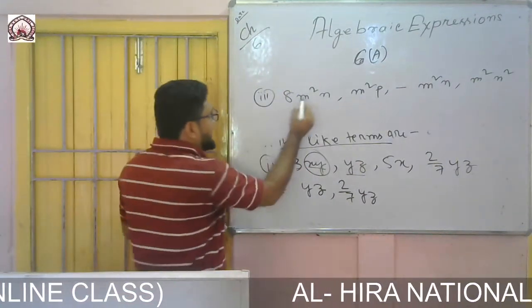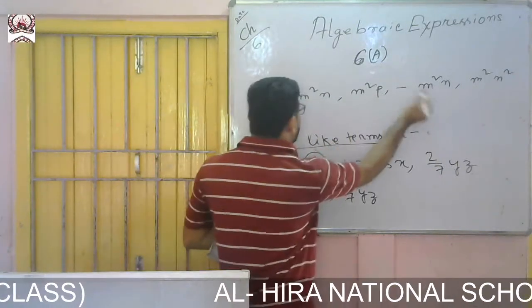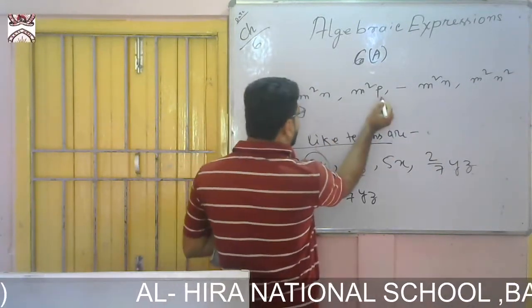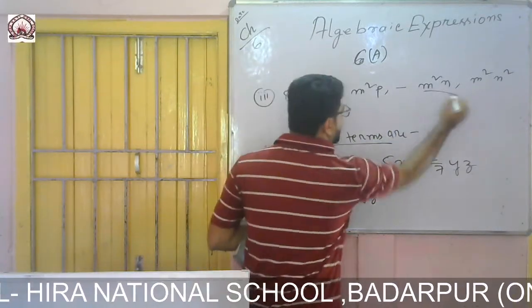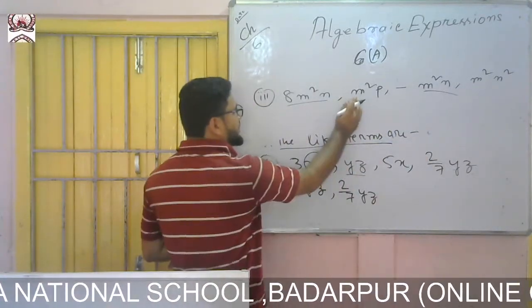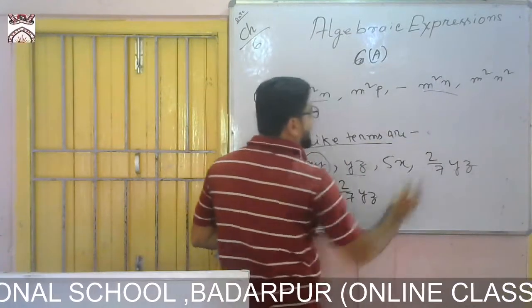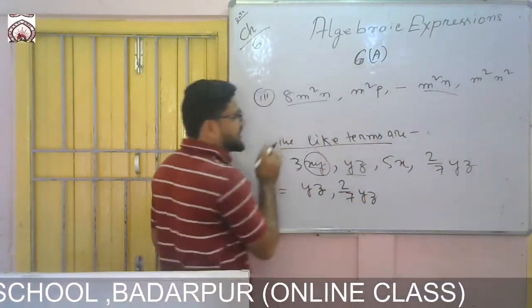So you see m square n, then is there any more m square n? M square p not matching, m square n matching, this term and this term matching. Now let us check m square p, is there any more m square p? No. M square n square, is there any more? No.